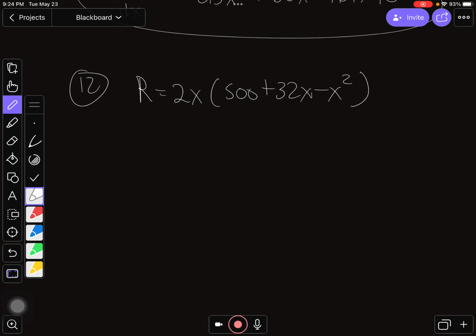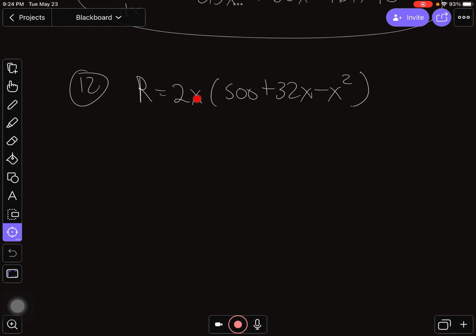From renting X apartments. Part A says find the additional revenue when the number of rentals is increased from 14 to 15. The additional revenue. So all I'm going to do, first thing, I'm going to put a 14 into my X. I'm going to figure out how much revenue I received from renting 14 apartments.